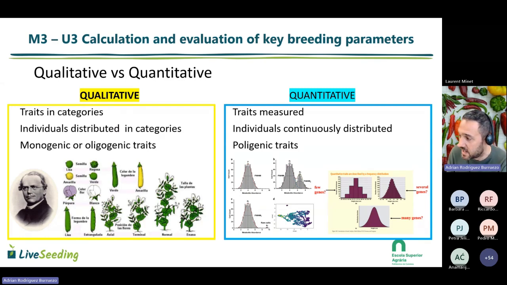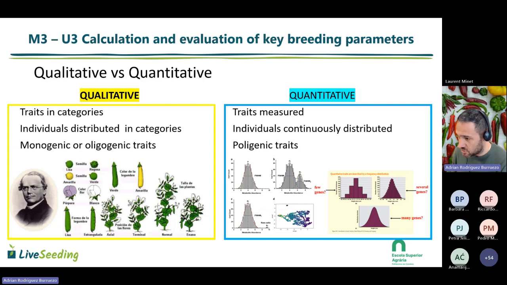The most common ones are the normal distributions, as you can see here. Also, in contrast to qualitative traits, quantitative traits are considered to have their expression dependent on several or many genes. So they are so-called polygenic traits.